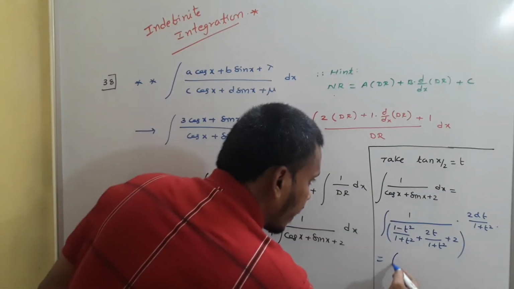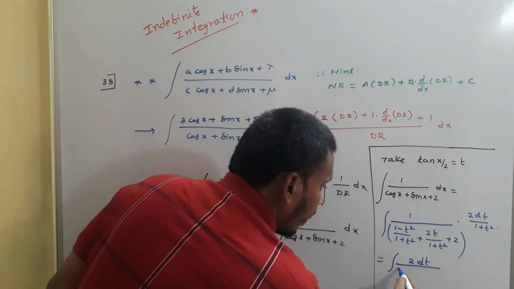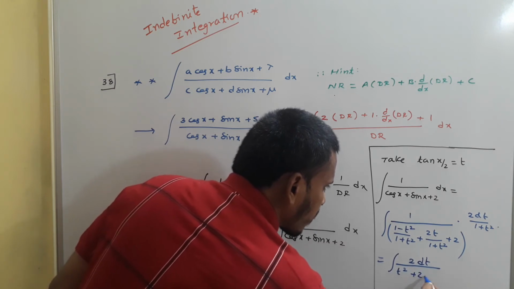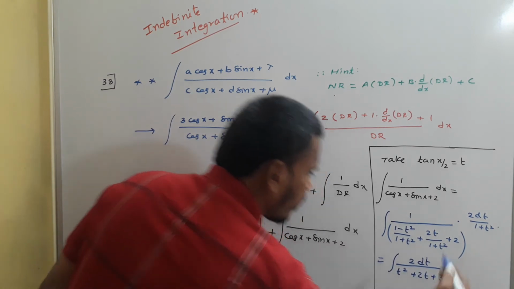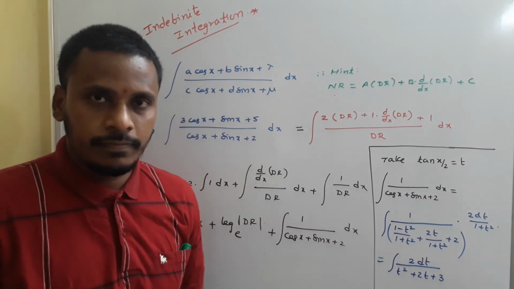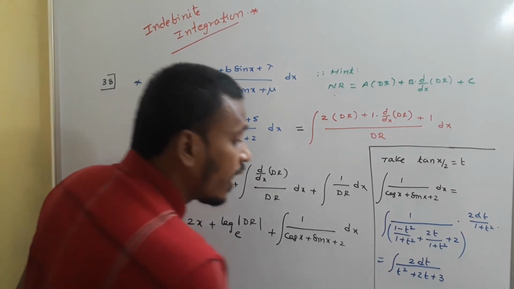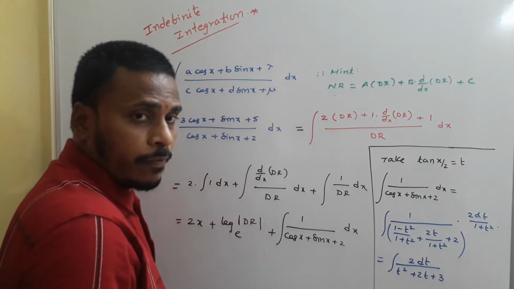You are left with the integral of 2 dt divided by t square plus 2t plus 3, and this t square plus 2t plus 3 can be written as a perfect square plus some constant: t plus 1 whole square plus 2.